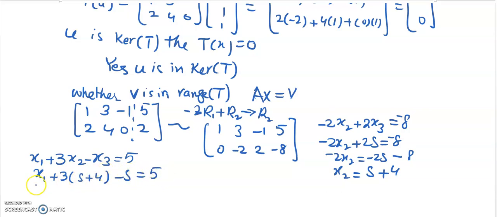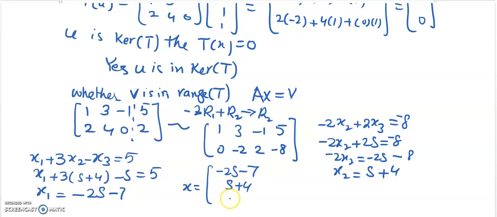So x1 will be equal to 3s minus s, 2s, it will be minus 2s, and then 5 minus 12 is minus 7. So the solution vector is minus 2s minus 7, s plus 4, and s.